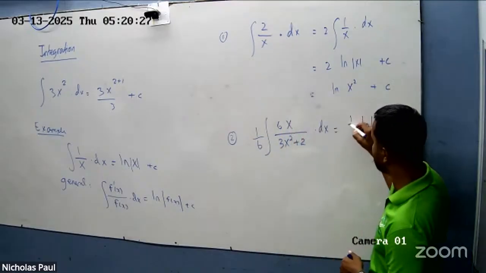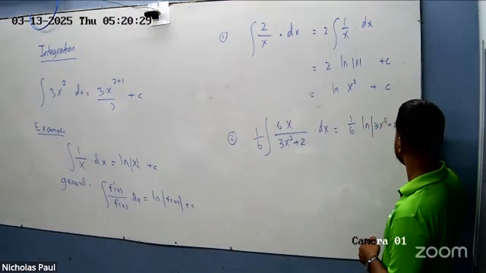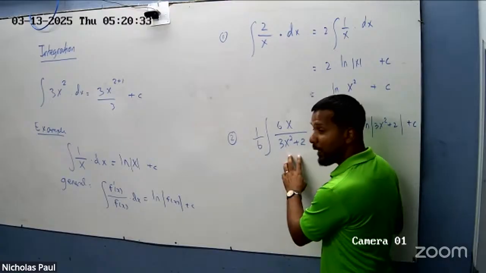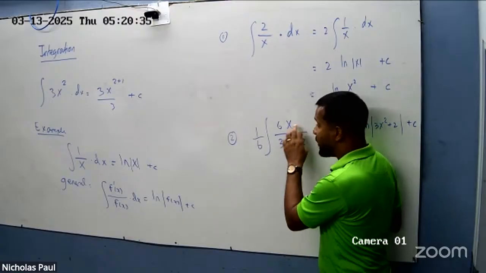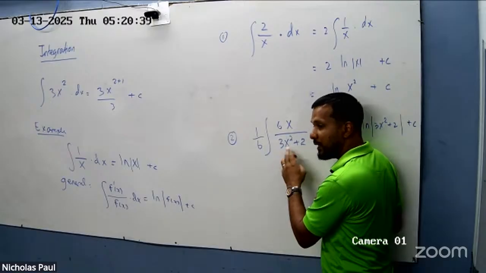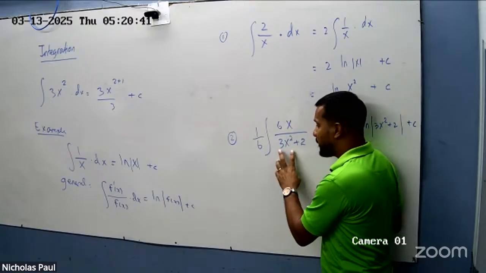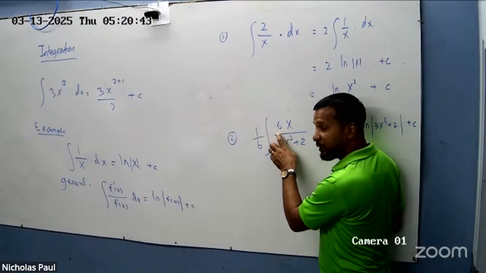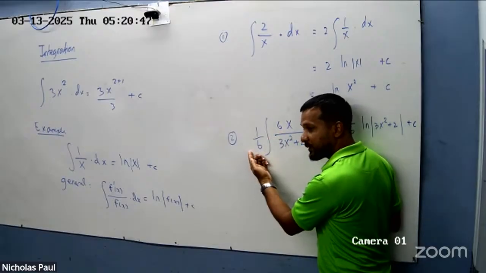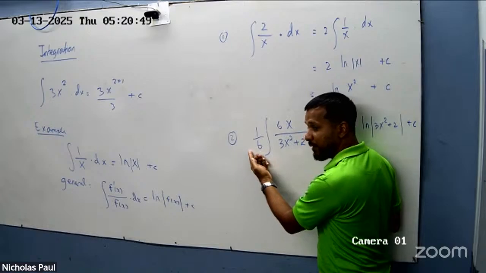So here is 1 on 6. The rule is, if the numerator is the differential of the denominator, then the integral is ln. So the problem was that 6 was missing. If you put the 6 here, you have to multiply by 1 on 6. That's okay?